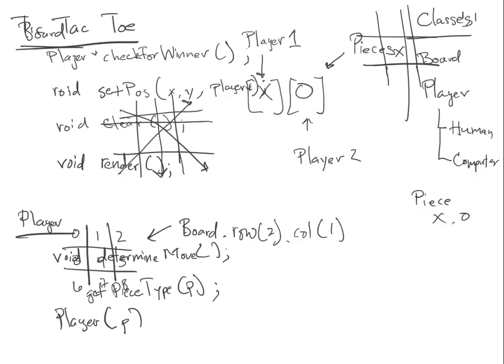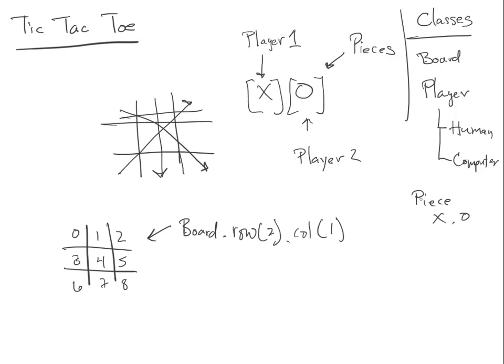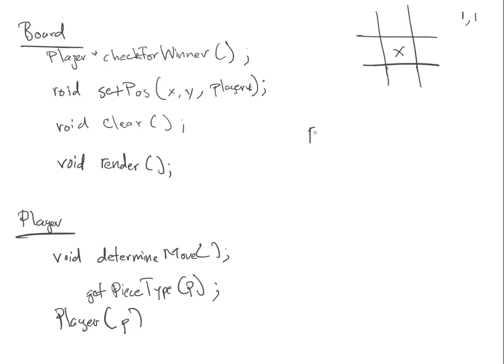So let's go back to our original layout here. We have piece. I think that's going to be an enum. We can write it out if you want to. That's fine. Piece type, and we'll have X and O be those values, and this is just going to be an enum. I think we covered enums.